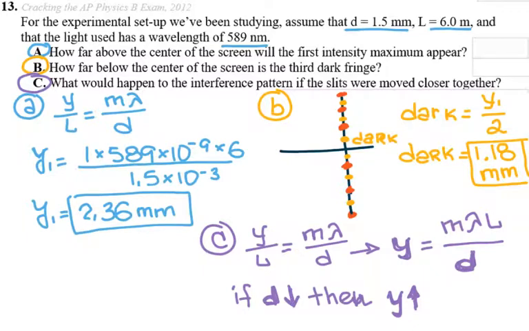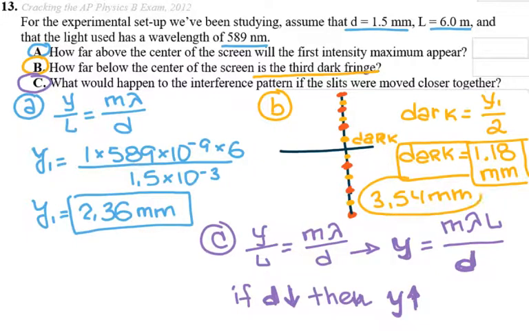So I calculated that the first dark fringe is at a distance of 1.18 millimeters from the center, and if I want the third dark fringe, I have to multiply it by 3, and that will give me 3.54 millimeters. And so the third one is 3.54 millimeters from the center.